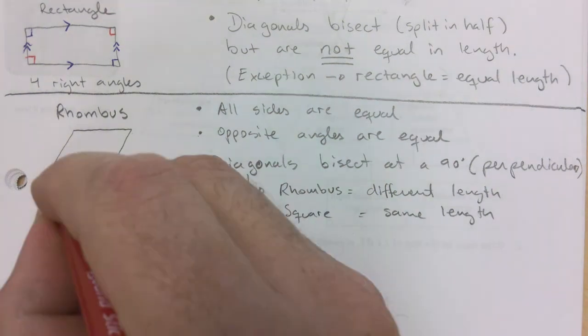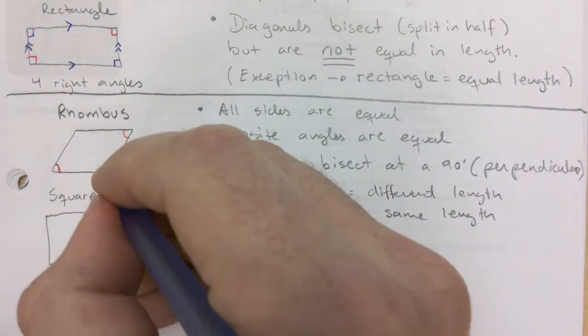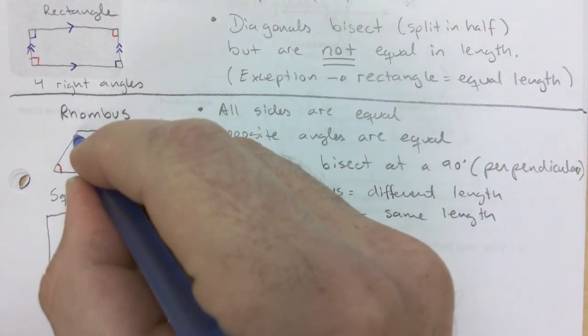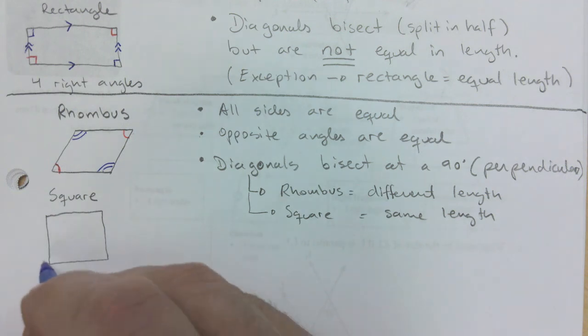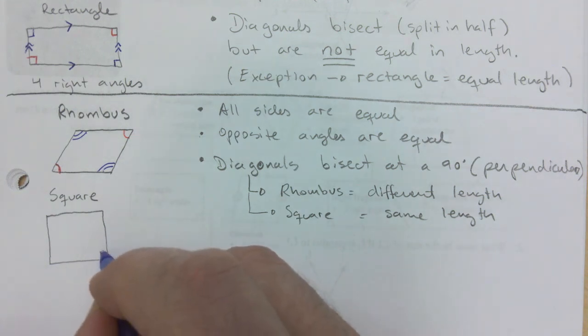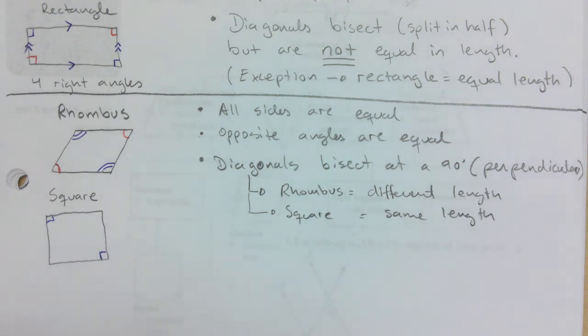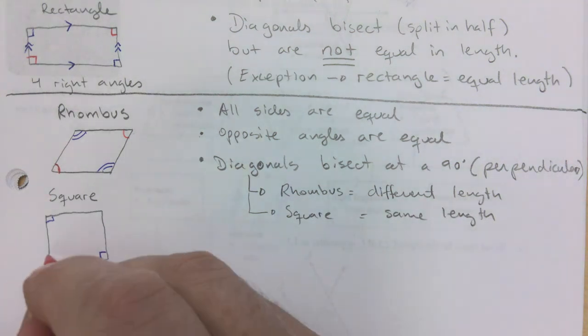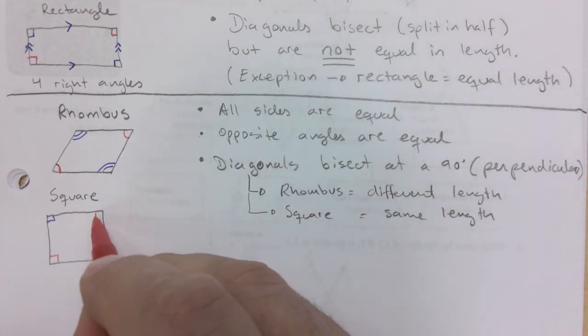So again, we can do this: angle, angle, and then this angle goes with that angle. So those are equal. A square has, this is still true that opposites are equal, except they're all equal. But this is still true, right? Opposite angles are equal.